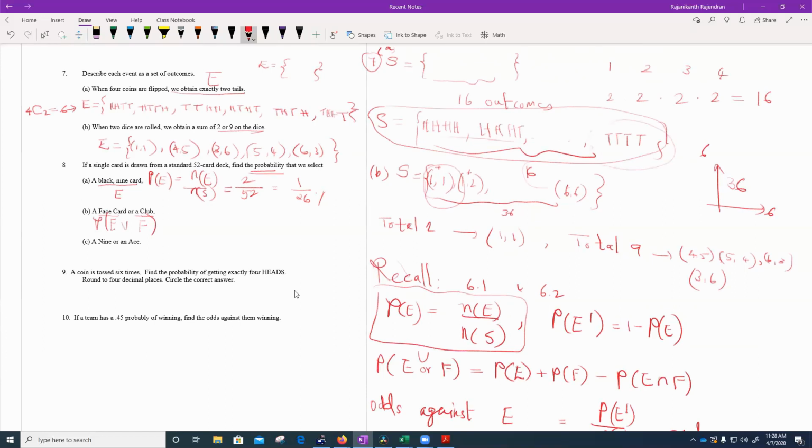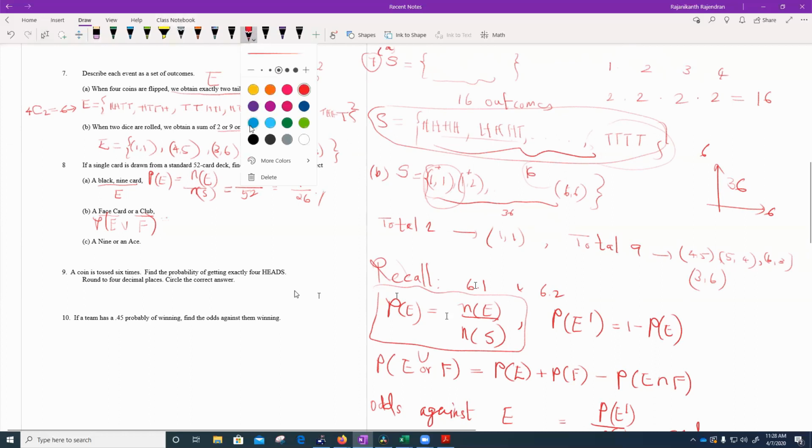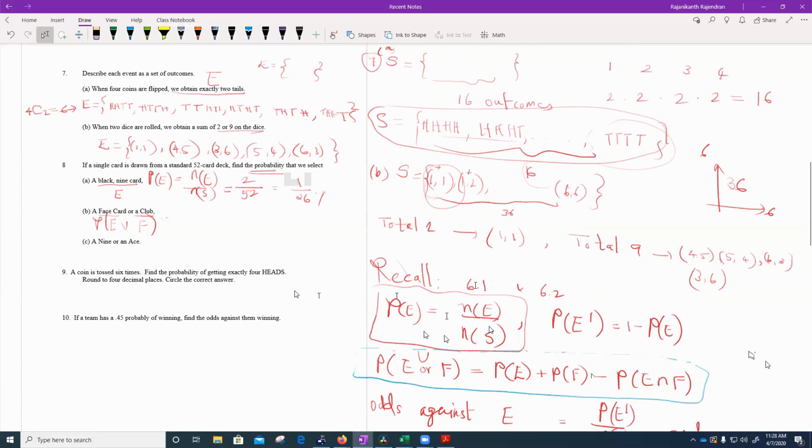Okay. My formula says that the probability of E union F is here, right? You look at the formula, P(E) plus P(F) minus the overlap. So that's my formula. This is the formula I'm using. Use that formula and write down.